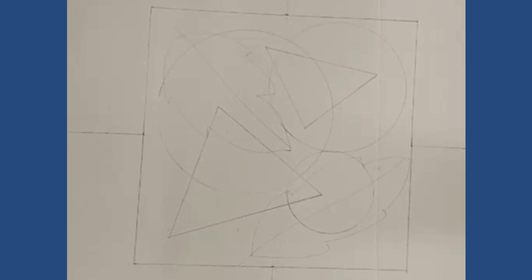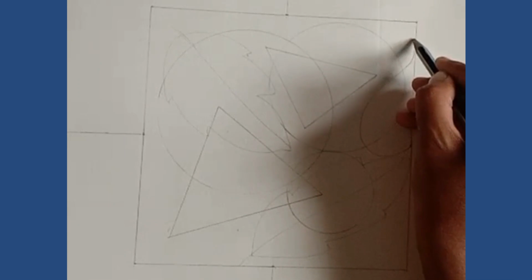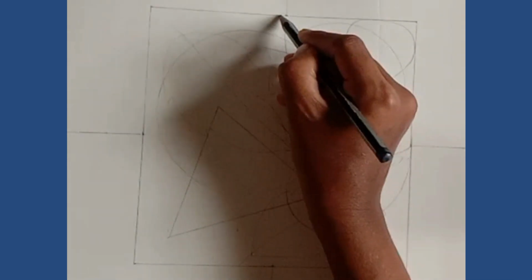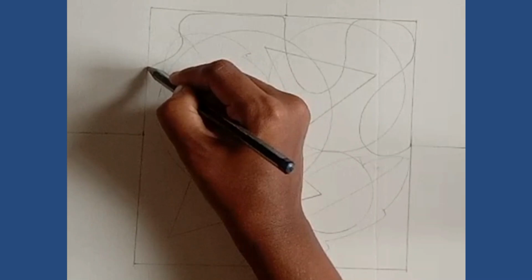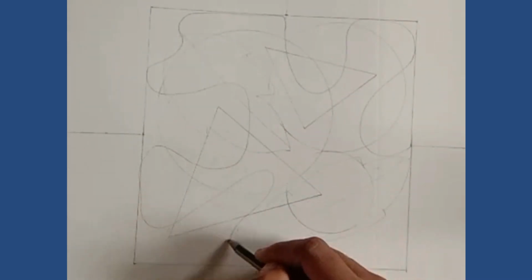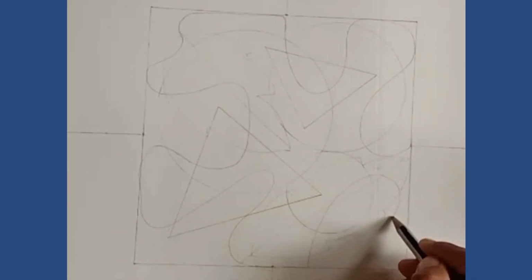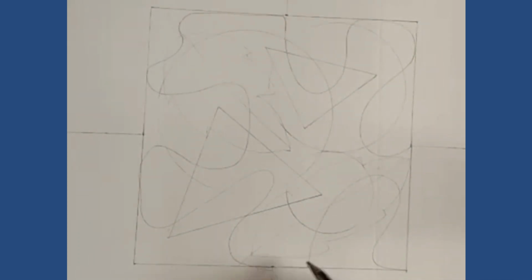If the drawing is correct, coloring of course will be correct, but the drawing must be correct. And here my drawing is complete. Now you can do the outline and then we will begin the coloring.